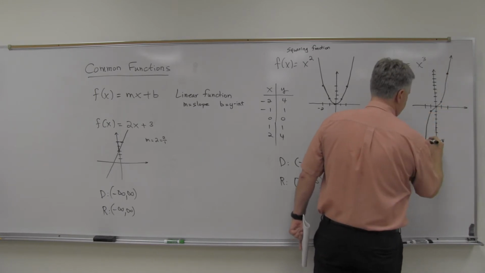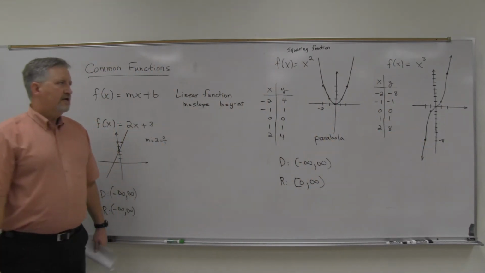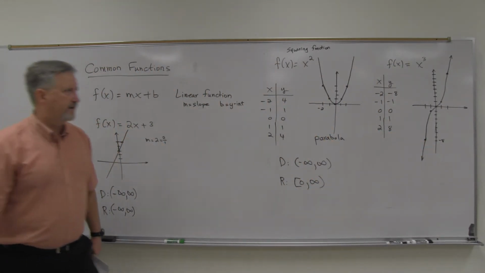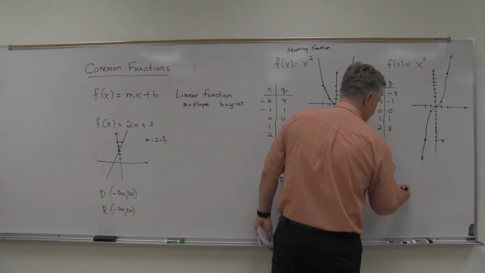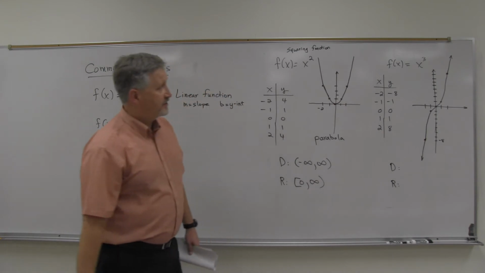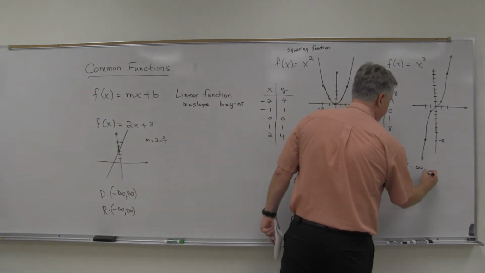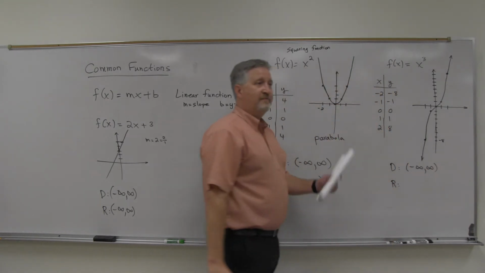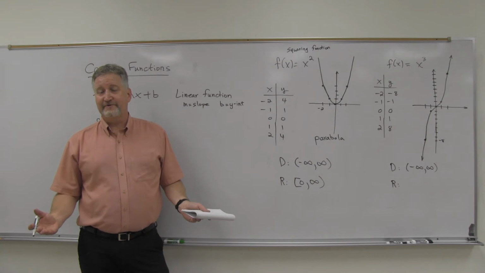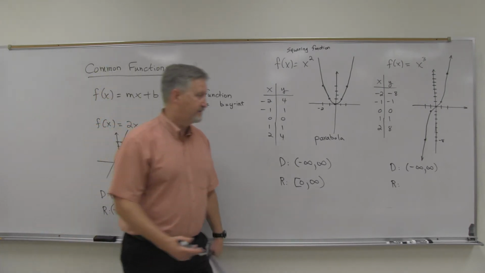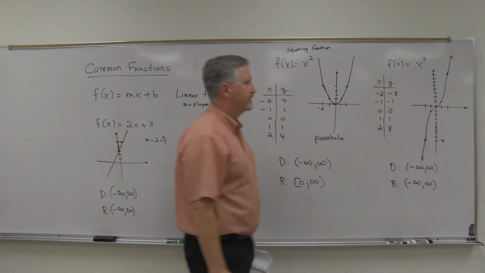It goes up on the right side, but it's down on the left side. As far as the domain and range go, again, x can be anything, negative infinity to positive infinity. And then on the range, the y values have negative values too, so that's also negative infinity to positive infinity. Okay?